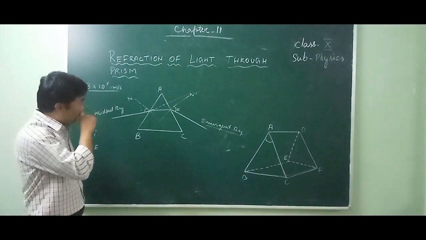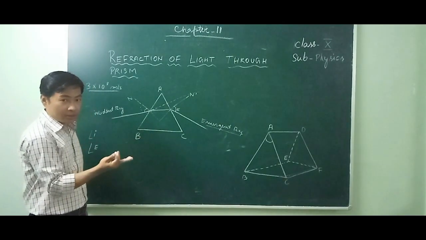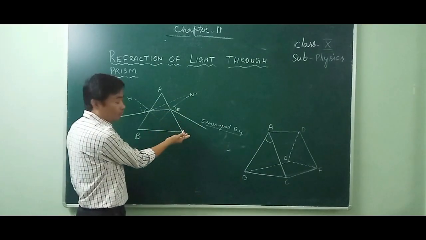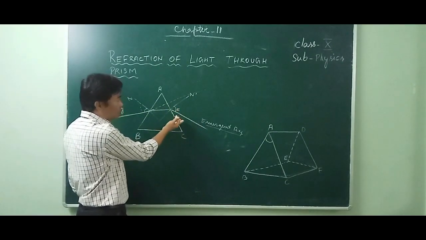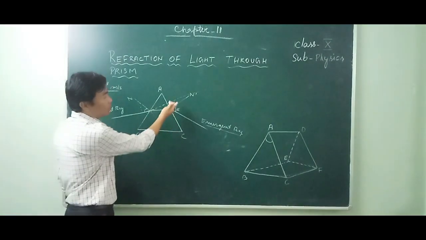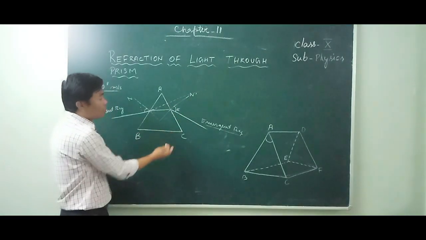Since there is a change in the path of the light which was supposed to go straight, and now it goes bending, this change of path of the light is known as the deviation of light. It was supposed to go straight, but its path is deviated.